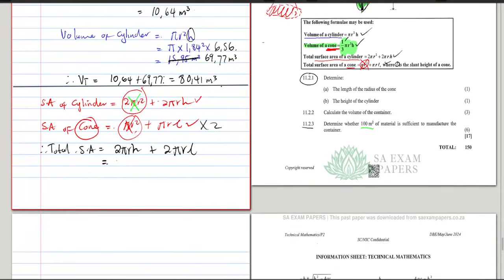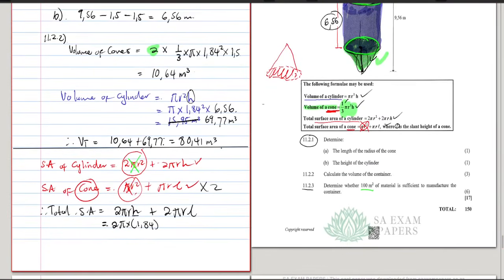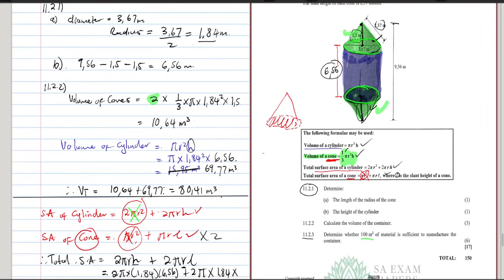I knew I was off a little, so I had to revisit my calculation. The radius, there's only one radius, the 1,84, and the height, by height we mean the height of the cylinder, that's 6.56, plus 2 pi multiplied by the radius, 1,84, and then we have the slanted height, 2,37.